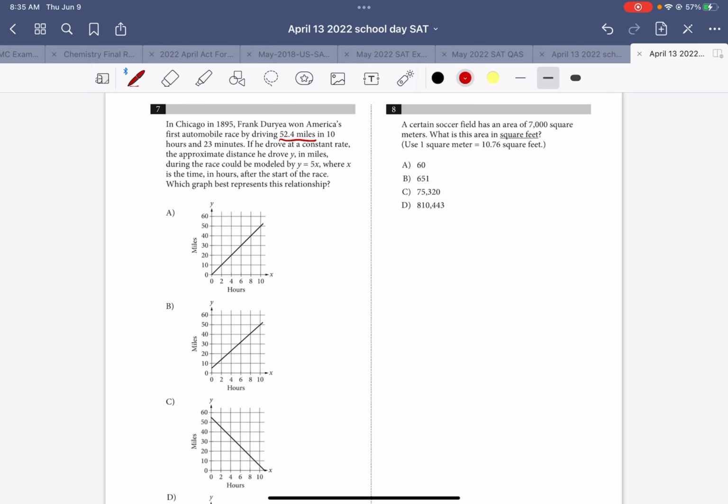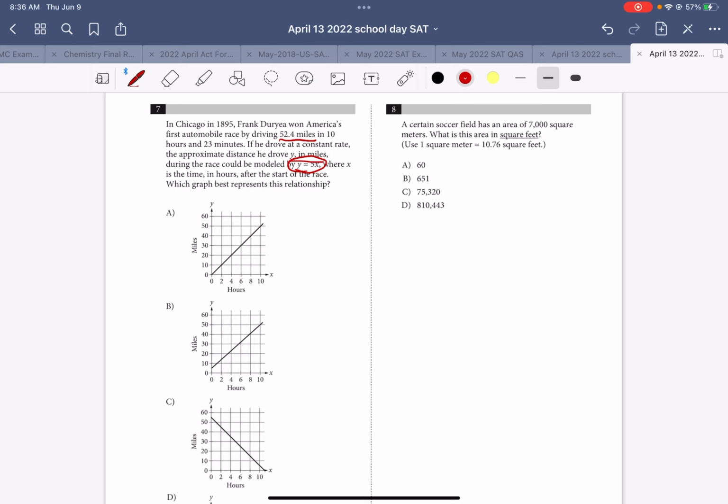And if he drove at a constant rate, the approximate distance he drove, y miles, during the race could be modeled by y equals 5x, where x is the time in hours after the start of the race. Which graph best represents this?